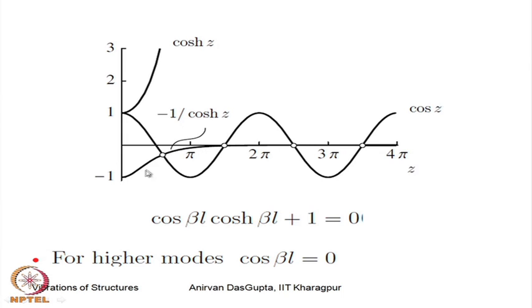These two functions have been plotted, and the intersections of these two functions are marked by these unfilled circles. So, these are going to give us the circular natural frequencies for our cantilever beam. So, let us see what we have done.